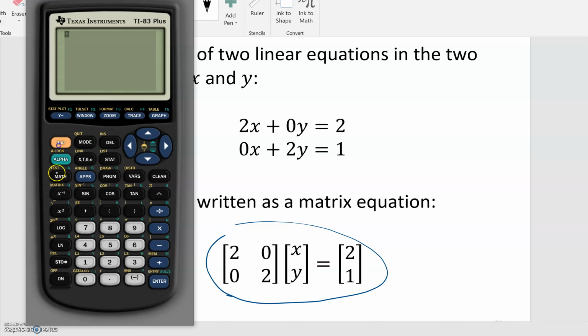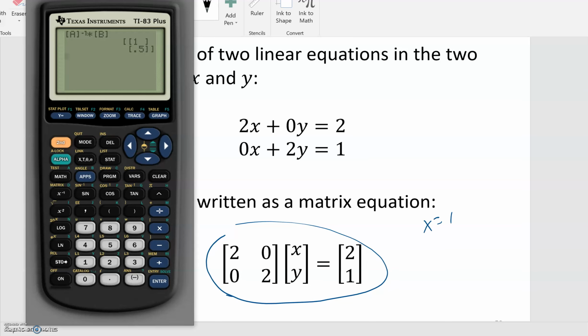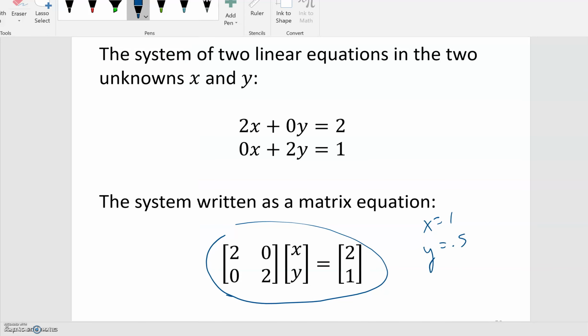And then we're going to multiply A inverse times B. And there's our solution. We get x equals 1, and y equals 0.5. So this is great, except there is a problem. Let me explain the problem.